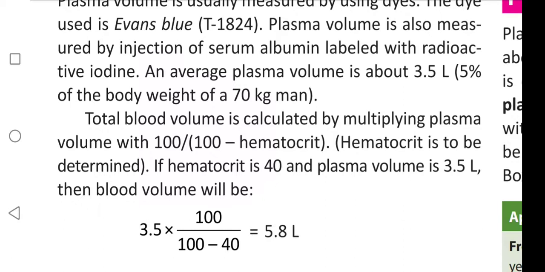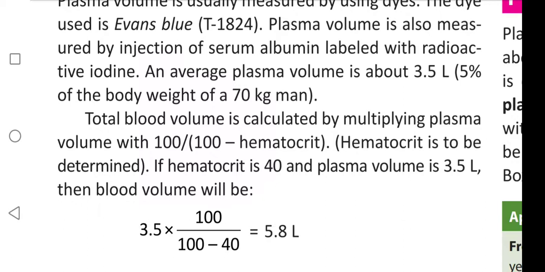In previous videos I showed you the formula for this. Its formula is plasma volume into 100 by 100 minus hematocrit. Okay, you understand? Here blood volume is equal to plasma volume into 100 by 100 minus hematocrit.